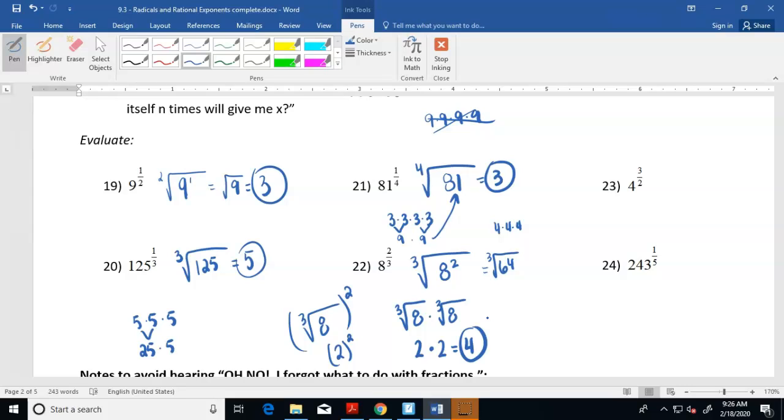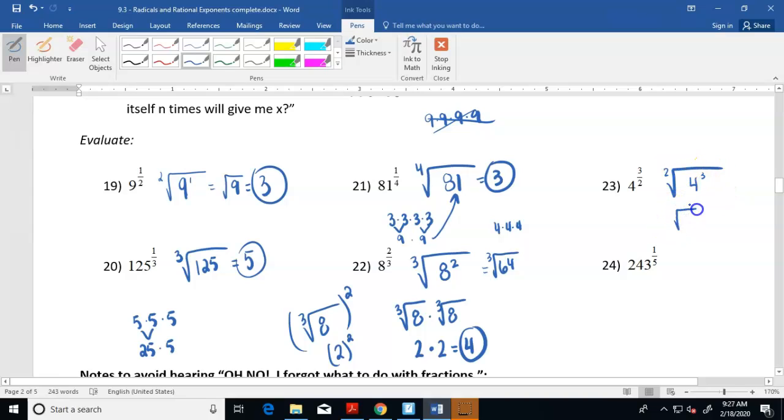Alright, so, Hayden, what type of root have we got for 4 to the 3/2 if we rewrite this as a root? What little number's on the outside of the root? A 2. And then we'll have 4 to what power on the inside? Third. And it really might be better if we write it like this.